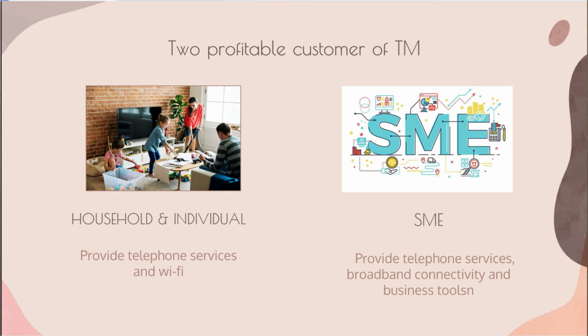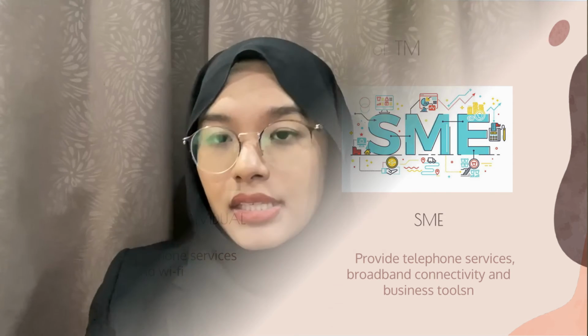For example, they offer a unified package to provide internet communication and also Wi-Fi. For small and medium enterprises, they provide broadband, data connectivity, and business tools. This is to support SMEs in order to spread their business across countries.